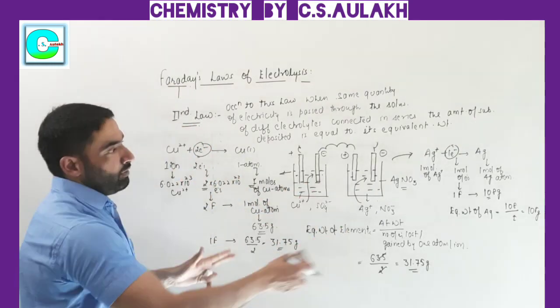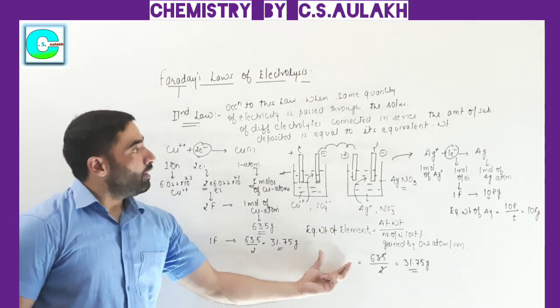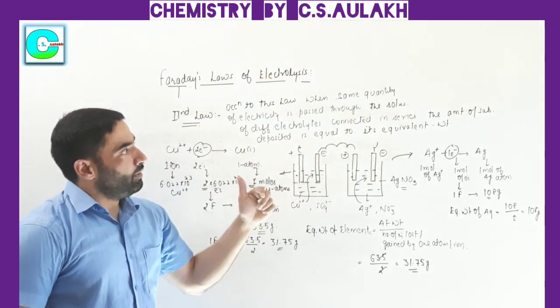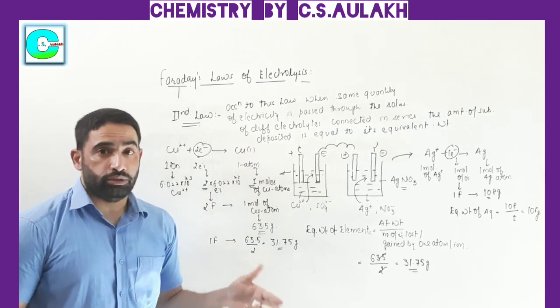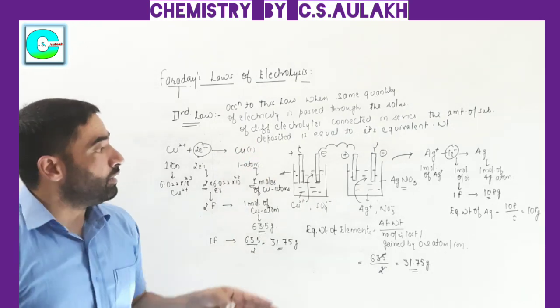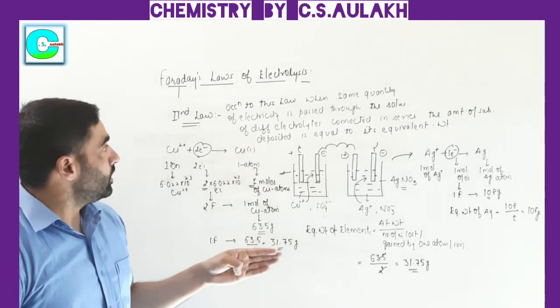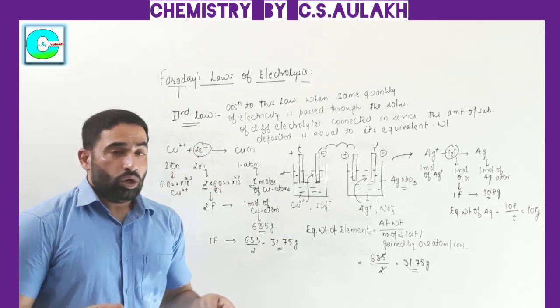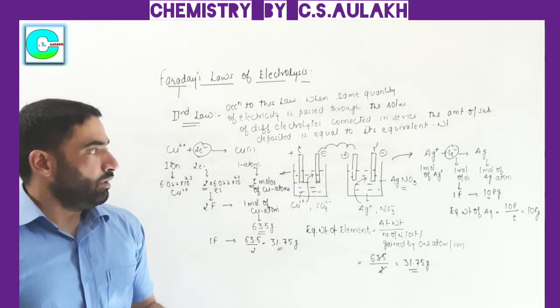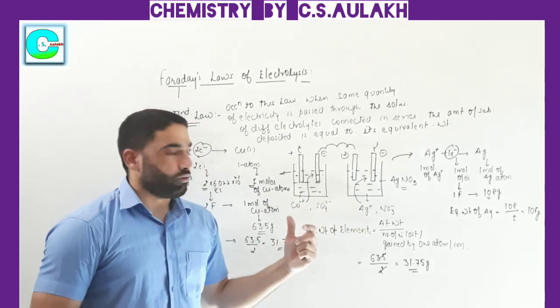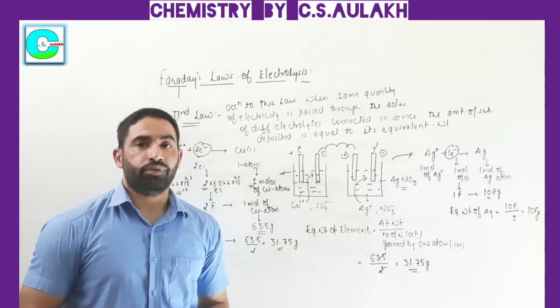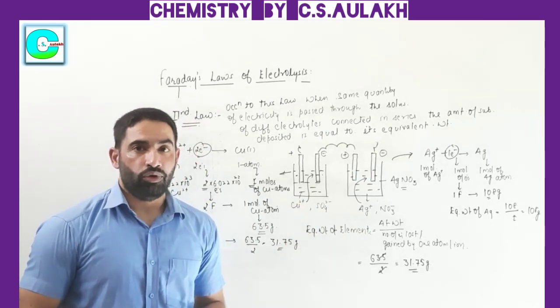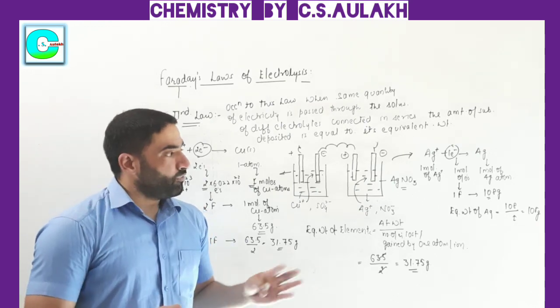First we have calculated, then we have written its statement. If you are very clear about the statement of these two laws, then you can easily determine the quantitative aspect of electrolysis, that is, how much weight of substance will be deposited over the surface of electrodes under different conditions.